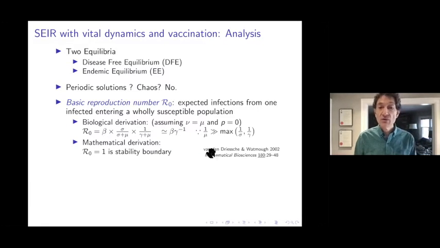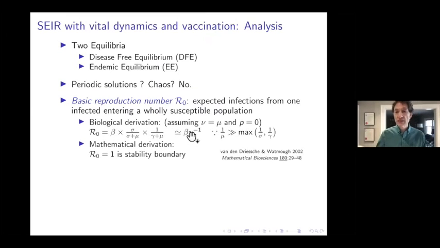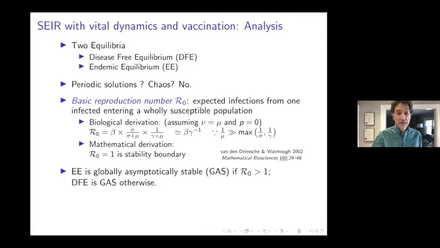If we do that, we find that R0 equals 1 is the stability boundary if we define R0 by this formula, so it's this being greater than or less than 1. And it turns out that this formula, beta gamma inverse, applies much more generally to more sophisticated models if we interpret beta and gamma appropriately as matrices that arise from a more complicated model.